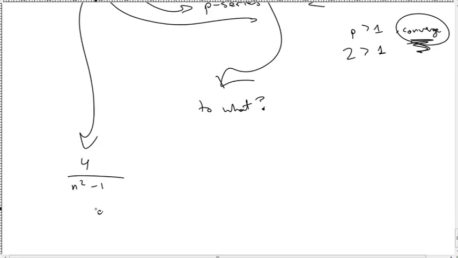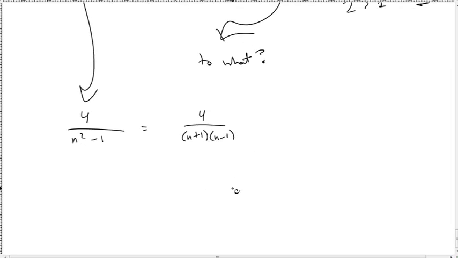This is my inside, and what I'm going to do is factor the bottom. And I'm going to do partial fractions. Now, I'm going to skip a lot of these steps because we've done all this before.